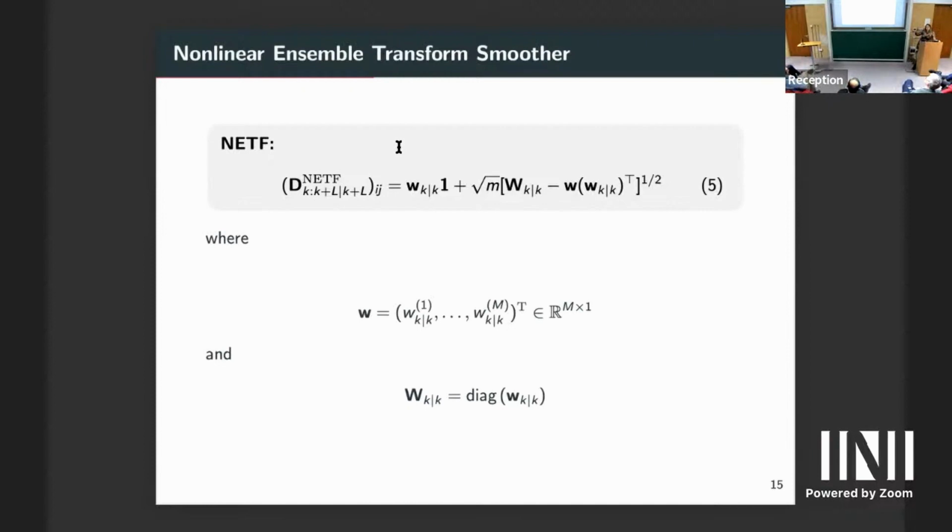Obviously, in the particle filter, you don't necessarily assume a Gaussian, but you can compute the weights and just compute the first two moments, the empirical covariance and the empirical mean. And you can build your filter in such a way that it matches those. And this is exactly how this filter or smoother is derived.